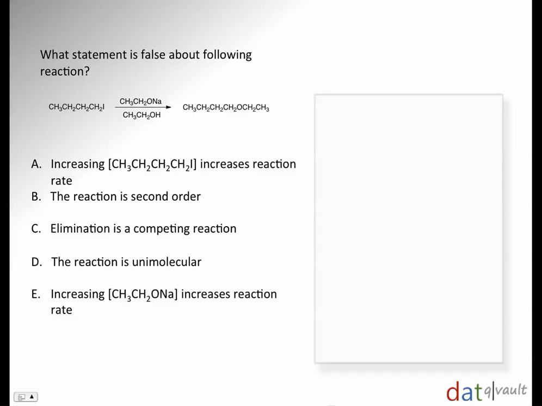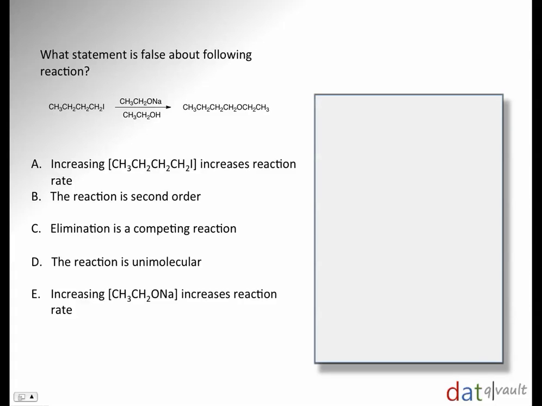So let's start eliminating some of these statements as being either true or false. I'm just going to write out A, B, C, D, E for all the statements, and then we're going to put either T or an F next to them based on whether I think the answer is true or false.